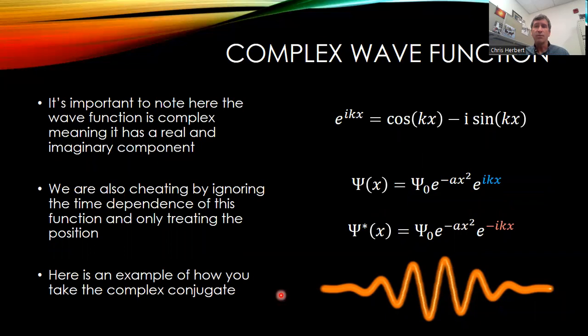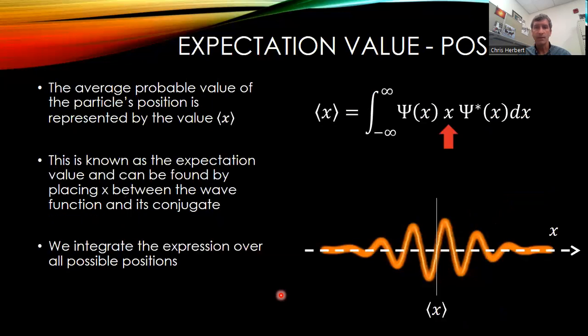We can also use this wave function to find out other properties for a particular particle. So for instance, if again the particle was described by this function psi, if I want to know where is the average most likely position that I would find this particle, then what I do is I actually use the position. I use x.